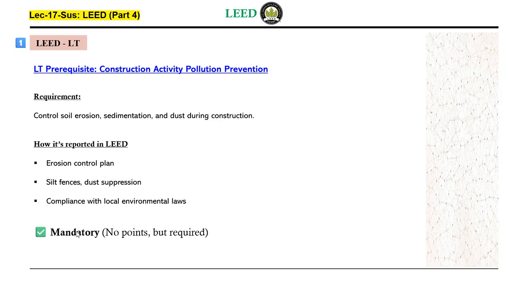And it is mandatory, because I told you in the last lecture that a prerequisite is mandatory. If you fail, you can't get any certification. Prerequisite means no points, but it is mandatory, you have to comply.